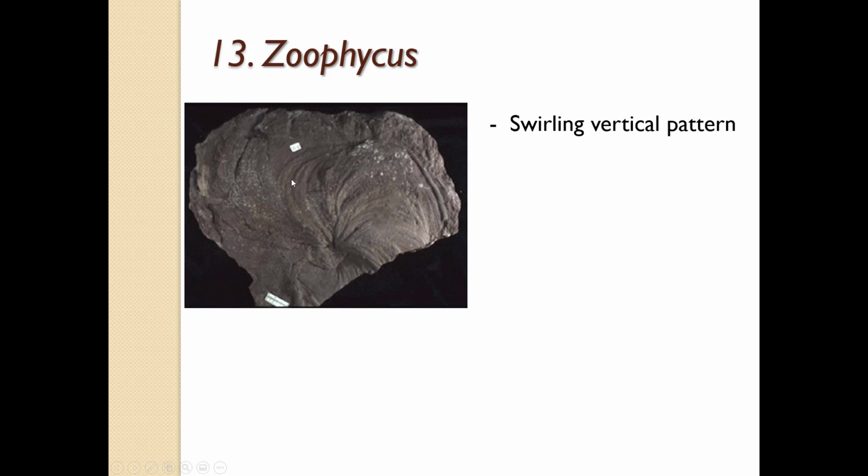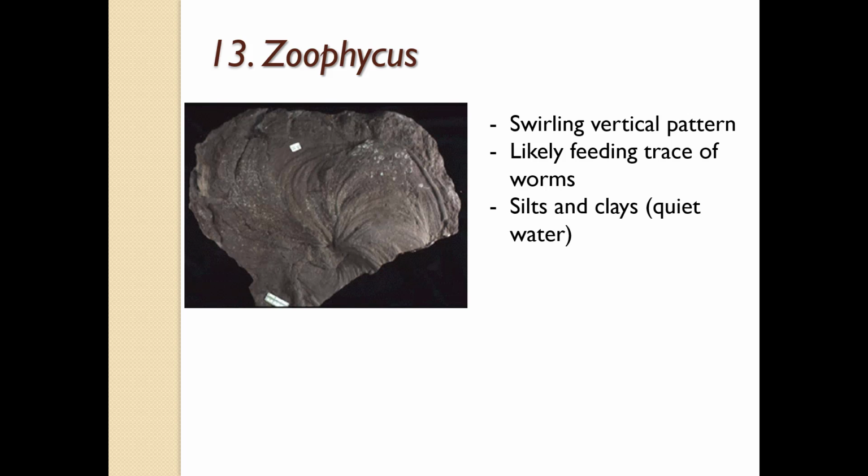And the organism would, in a fan-like way, move around through the sediment, sifting for food. And then once it created the swirling pattern at this level, it would dig a little bit deeper and make another swirling pattern and deeper and deeper. So this is actually a three-dimensional cone-shaped burrow, which is really cool, likely the feeding trace of worms.